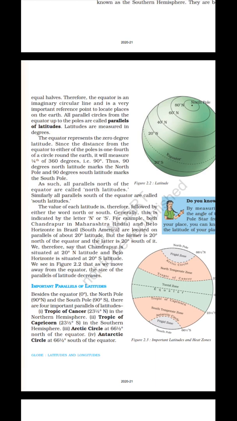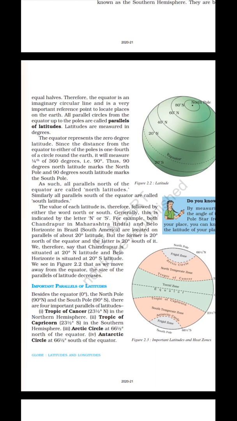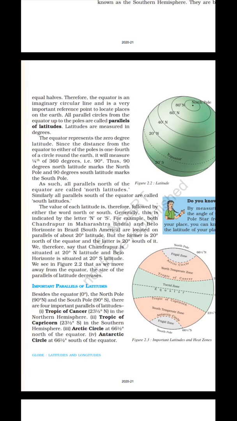Take a look at figure 2.3. Important latitudes and heat zones: South Pole, North Pole. Frigid zone, Antarctic Circle, South Temperate Zone, North Temperate Zone, Tropic of Cancer, Tropic of Capricorn, Torrid zone, equator.